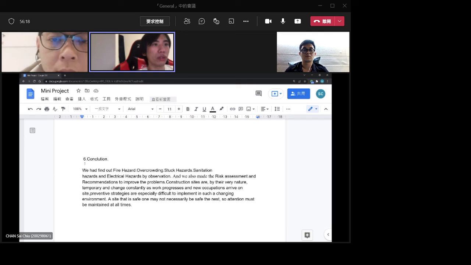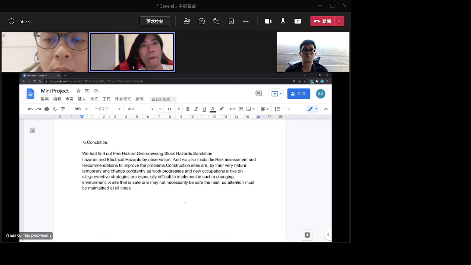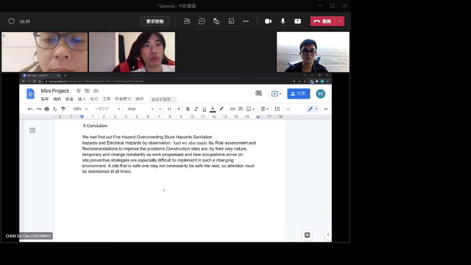6. Conclusions. We found fire hazard, overcrowding hazard, tool hazard, sanitation hazard, and electrical hazard by observations. And we also made the risk assessment and recommendations to improve the problems. Construction sites are, by their very nature, temporary and change constantly as work progresses.